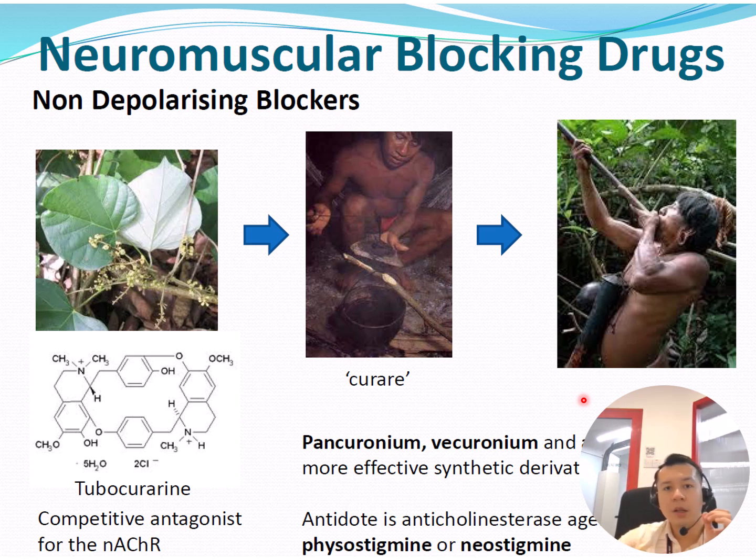Okay, the modern synthetic versions like pancuronium, vecuronium and atracurium are more refined as well. They are widely used in the operating theater, and most importantly, they can be reversed with anti-cholinesterase drugs. For example, we can use neostigmine and physostigmine, which help to restore your muscle activity by increasing your acetylcholine level as well.